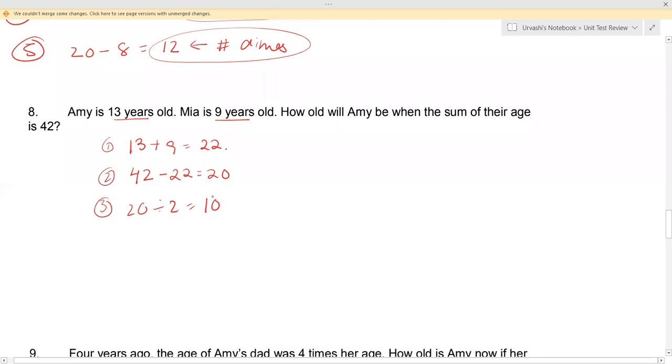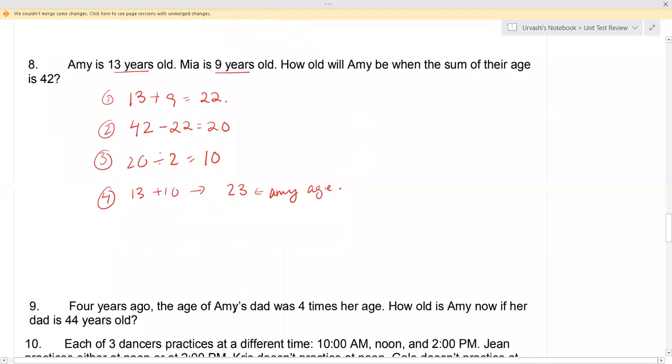And then I did 13 plus 10, which equals 23 for Amy. 23 years old for Amy. And how would it look when you did the model? I didn't do the model. All right. So it should be the same thing, I believe.